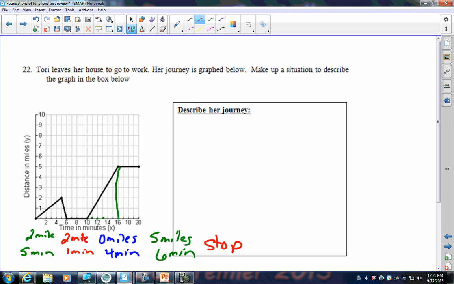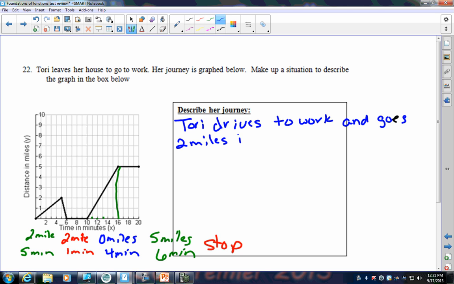So, let's see. Tori drives to work, or starts driving to work, and goes 2 miles in 5 minutes. That's that first section right here. She realizes she left her purse.